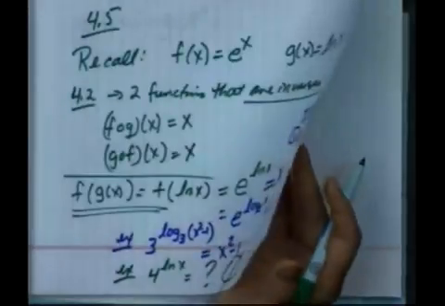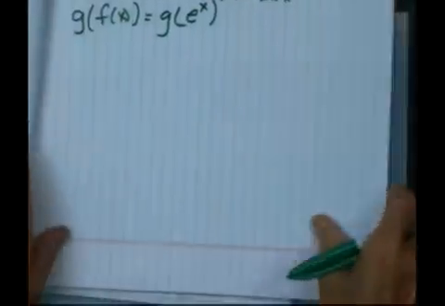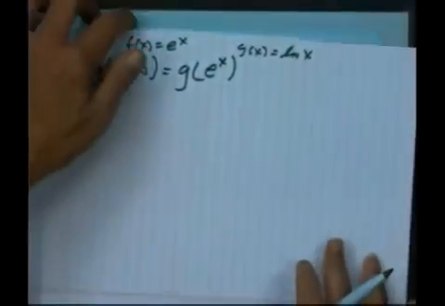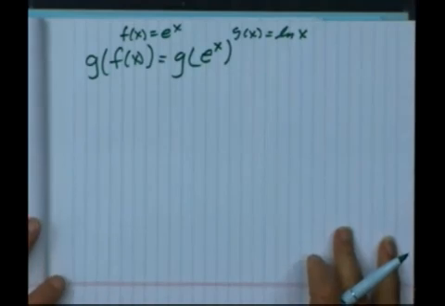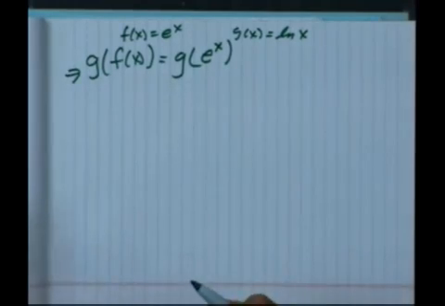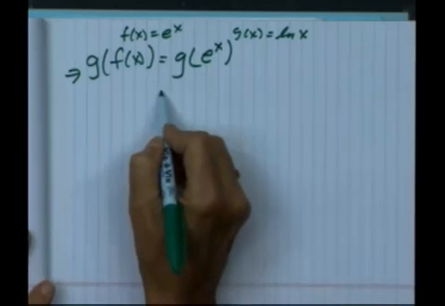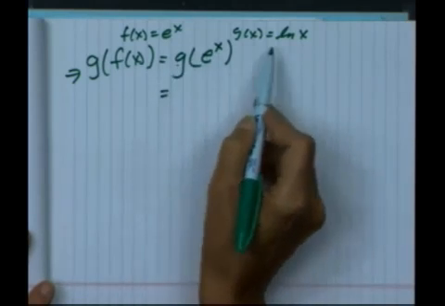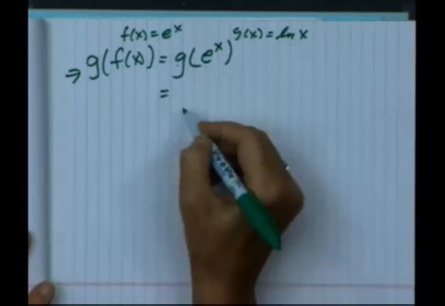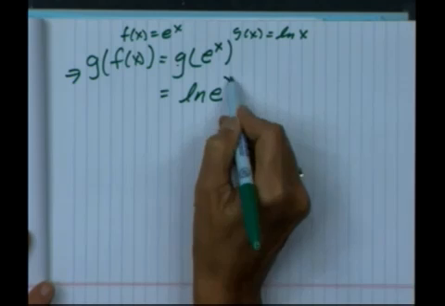Did I get them backwards? No, there you go. Oh, you can't see it. There you go. All right, so we're going with the second part of the theorem on two functions that are inverses forming their composition. Okay, g evaluated at f of x would be natural log of e to the x.